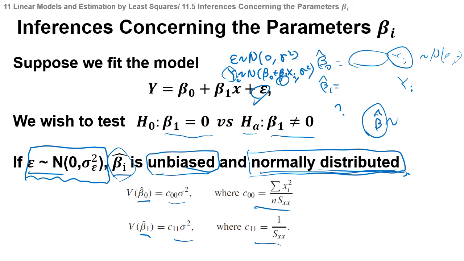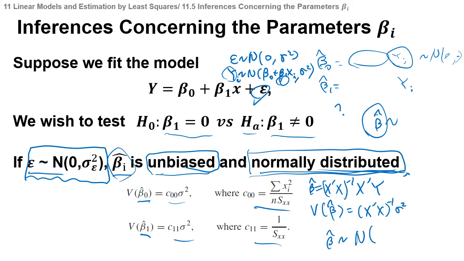With matrix notation, it's easier for the general case. Beta hat is x transpose x inverse x transpose y, and the variance of beta hat is x transpose x inverse sigma square. The distribution of beta hat is normal. Here we can check that this is a matrix, and this is a linear combination of y.